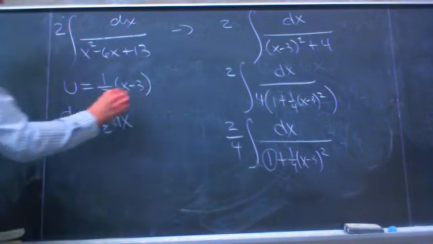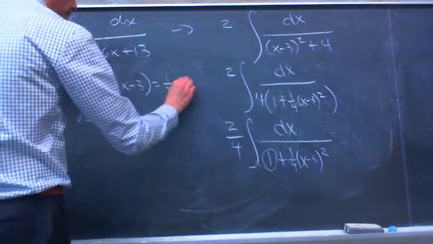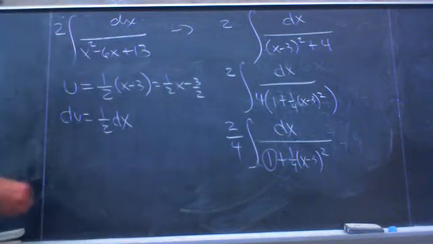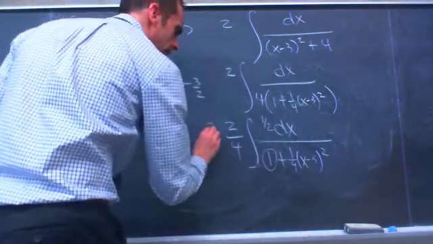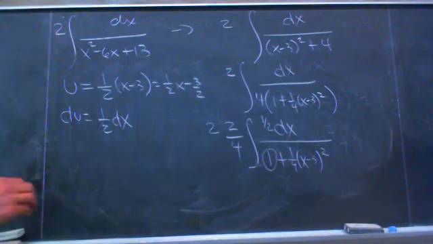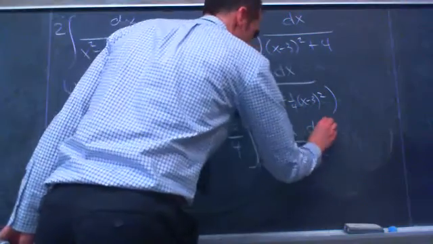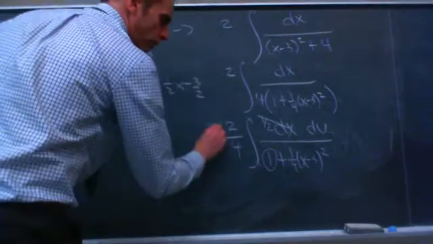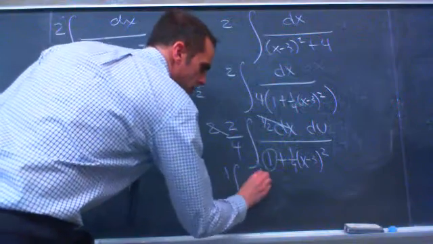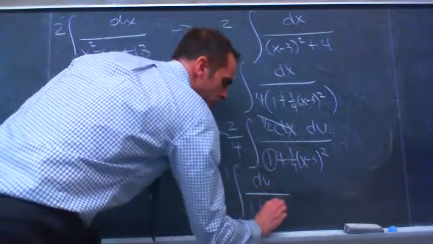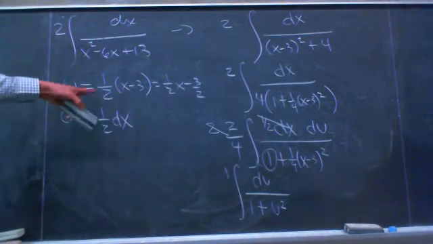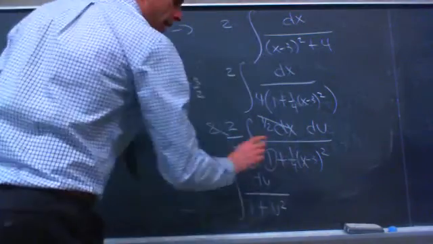You could distribute this to get 1/2 x minus 3/2, but you could just see that the derivative of this would be 1/2 dx. So I'll go back and put a 1/2 in and take out a 2. This will become my du. This is 4 over 4, just 1. So I'm going to end up with du over 1 plus u squared, because this squared gives me that.